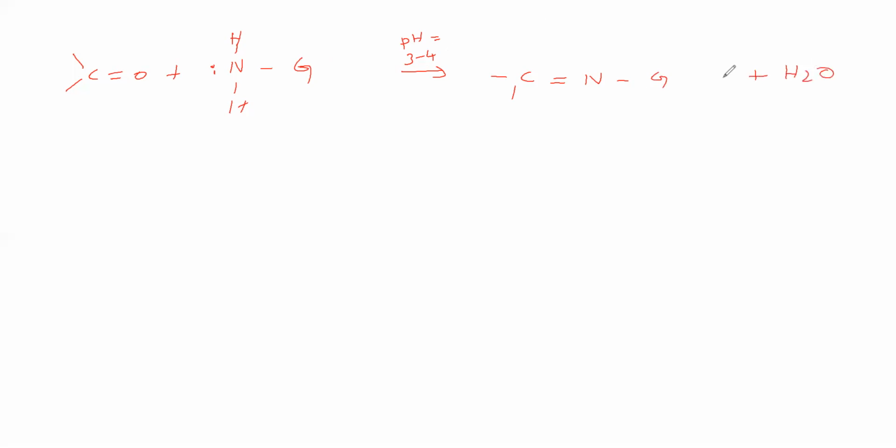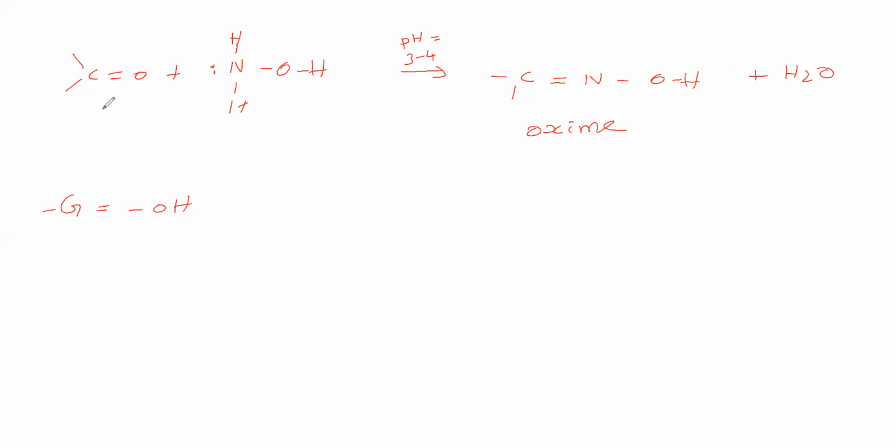Now in the place of G, we are taking the OH group. If we take the OH group, then it is called an oxime. C double bond NOH is called oxime.